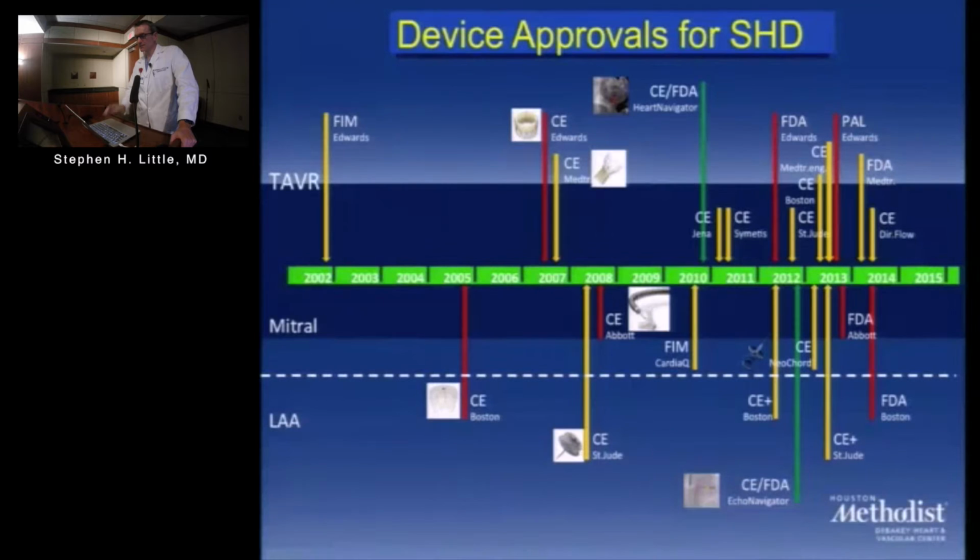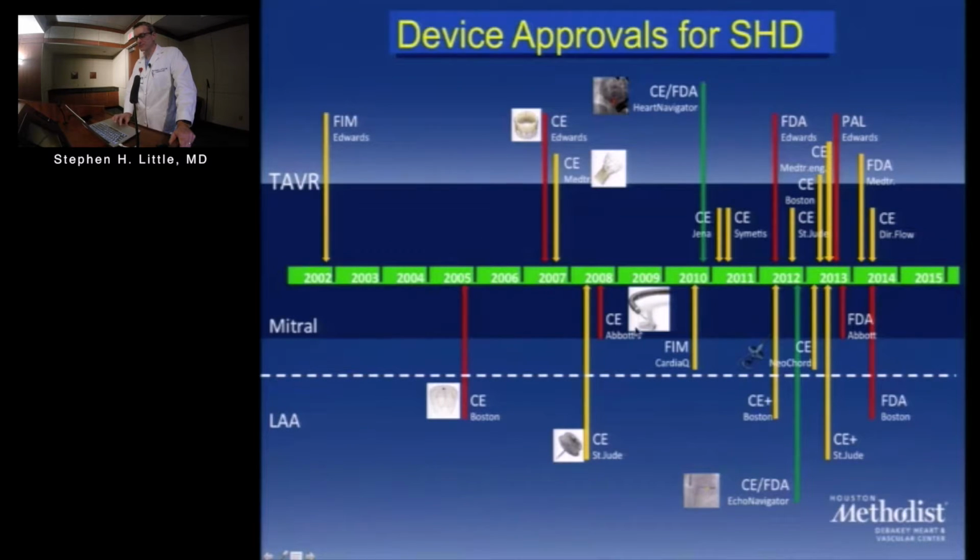As for why interventional echo is a field that is not going to go away, this is a one-slide summary. If you look at TAVR, it really began in its infancy in 2002, and now we're here with multiple devices, multiple vendors, multiple different iterations, and an ever-expanding patient pool. The risk profile is getting lower and lower for patients who are getting TAVR.